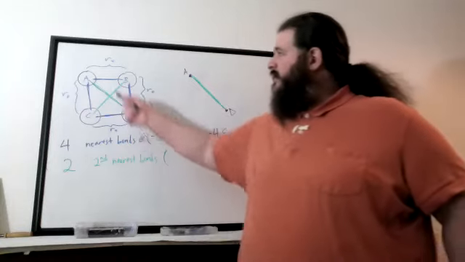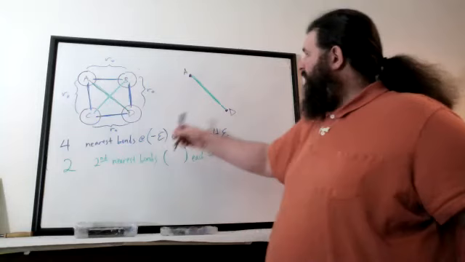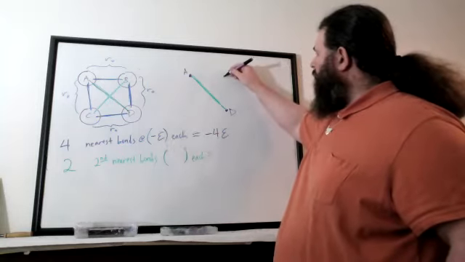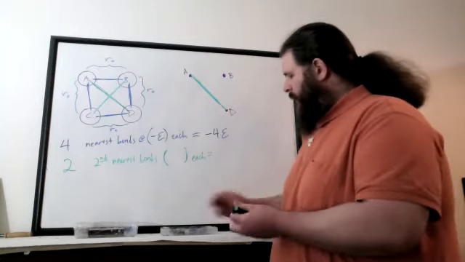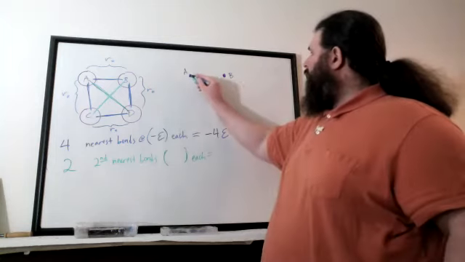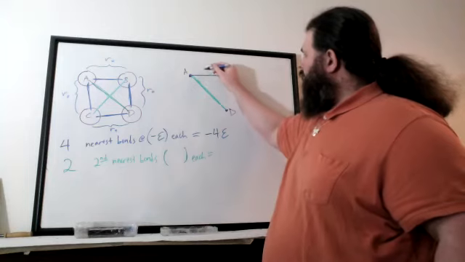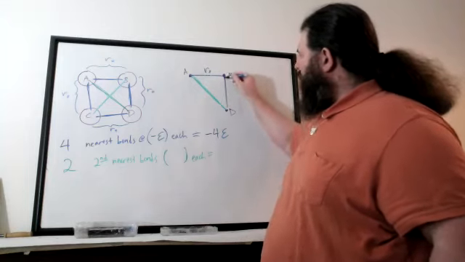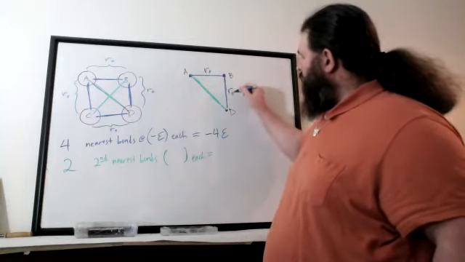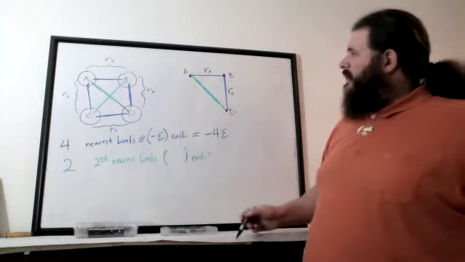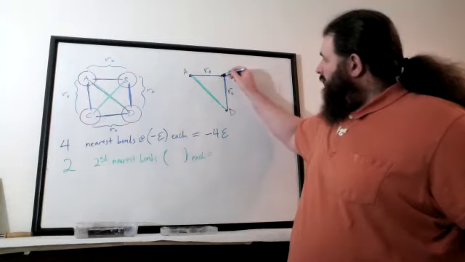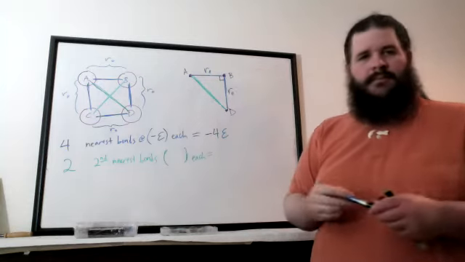For instance, we know the distance from A to B, and we know the distance from B to D. So I'm going to put point B here as well. We know that this distance is r naught, and this distance is the same r naught. I haven't really drawn this to scale, but the important thing is the labeling. And because this is a square, we can assume that angle B is a right angle as well.